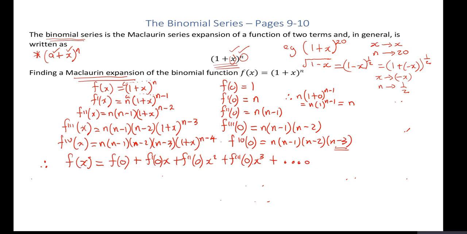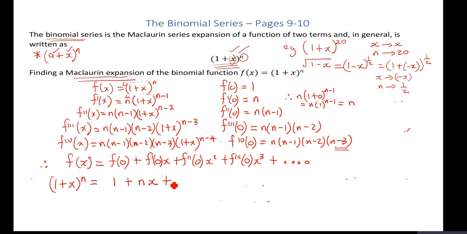Now all I have to do is substitute. So my binomial series, 1 plus x to the power n. What's f at 0? 1. What's the first derivative at 0? n times x.